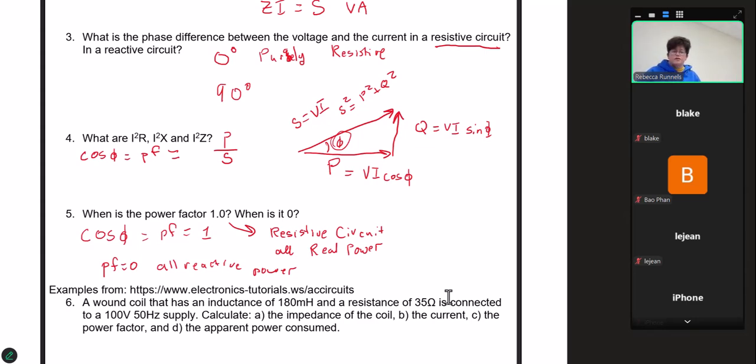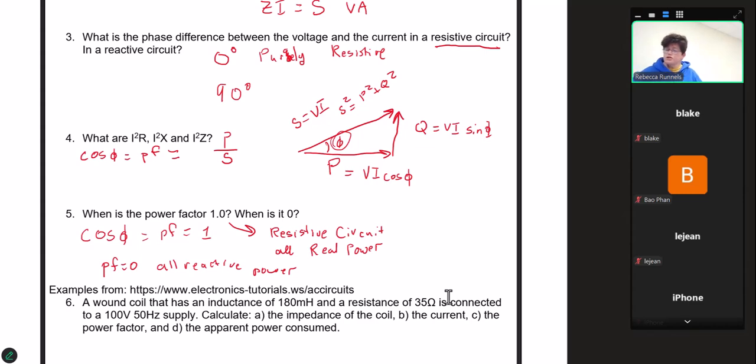I'm going to pause for a minute and just ask, is this seeming very clear or not? Just trying to get a feel. Makes sense? Is it helpful? Okay. All right.